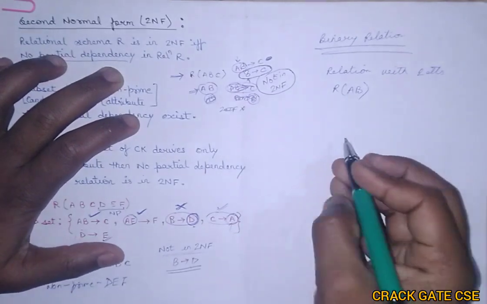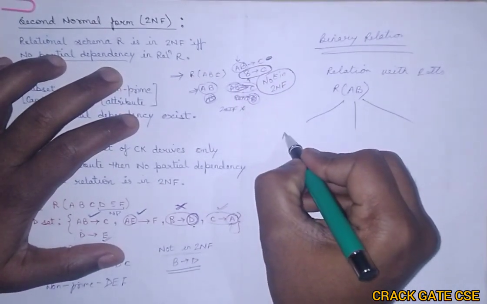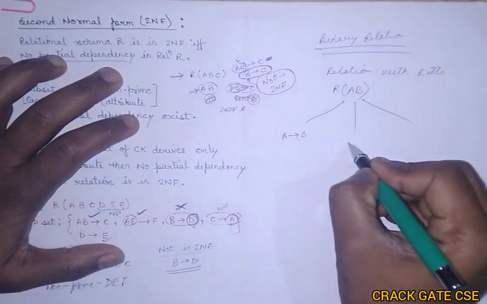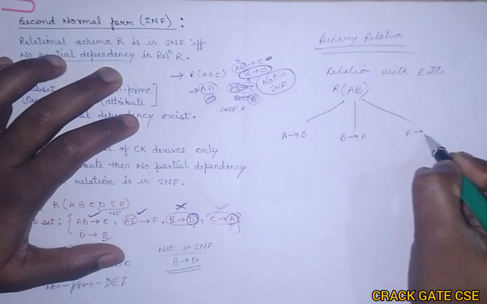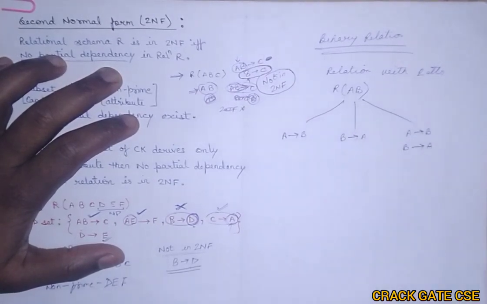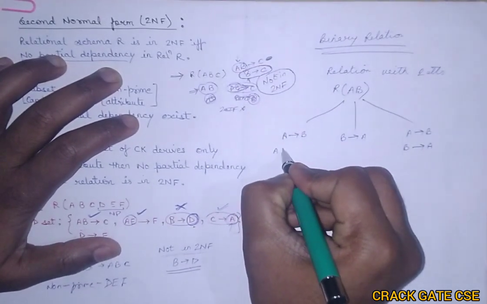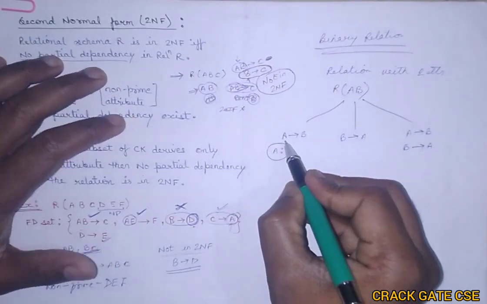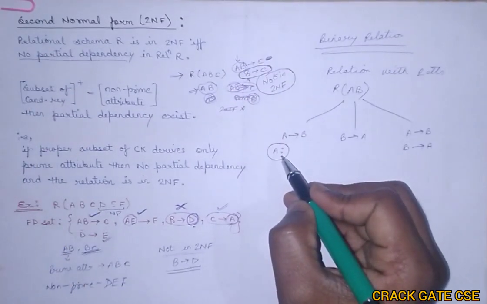How? Let's see. What are the different possible cases? The one case is the functional dependency is A to B, another case is B to A, and another case is A to B and B to A. In the first case, the candidate key is A. If the candidate key is A, then it is not violating the case of 2NF because no subset is possible.